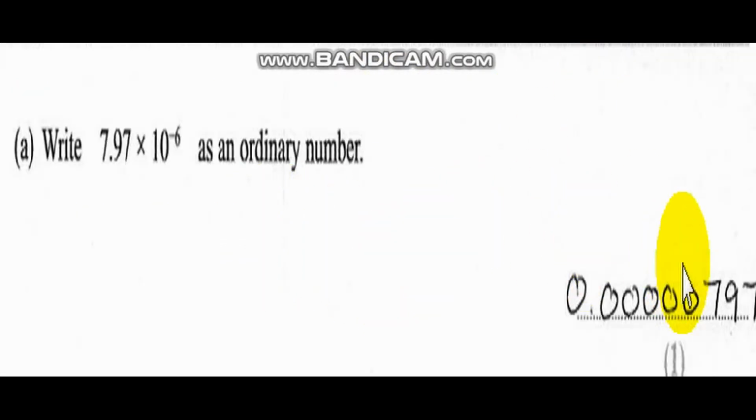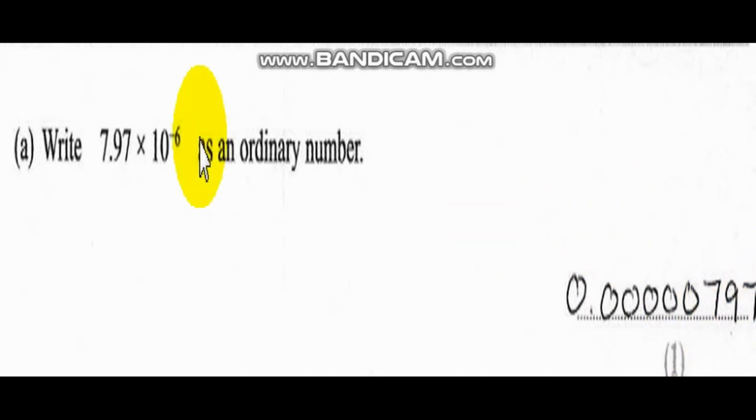Okay, look at this now. Earlier the decimal point was here, now I have to jump 6 figures forward. 1 2 3 4 5 6, 6 places after the decimal point, and put an extra 0. So then you can see a very tiny decimal number.